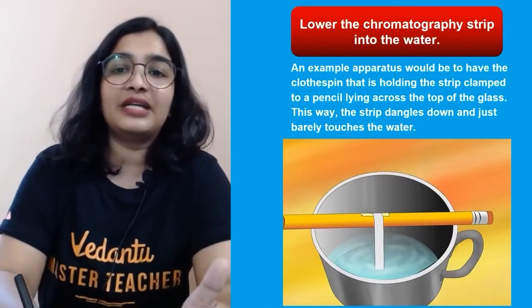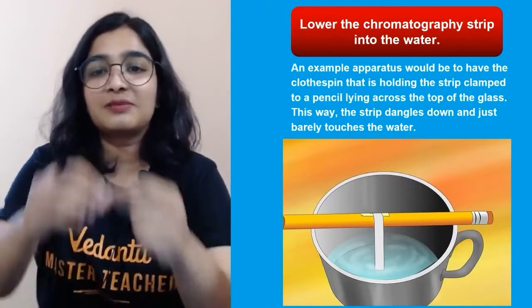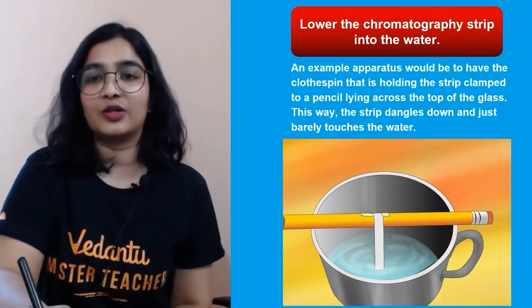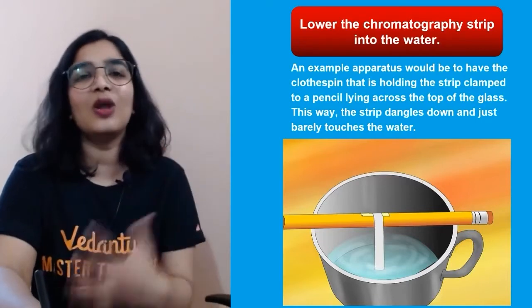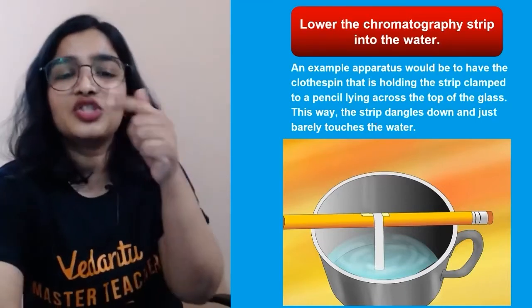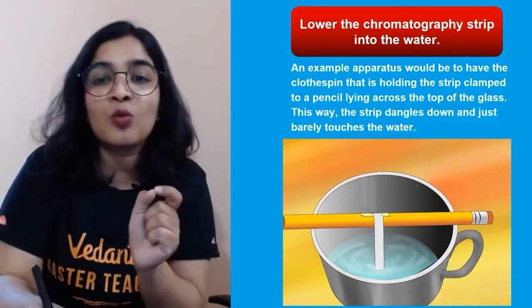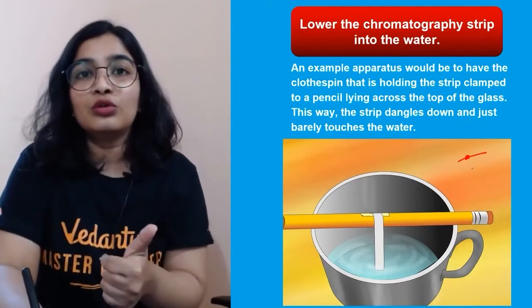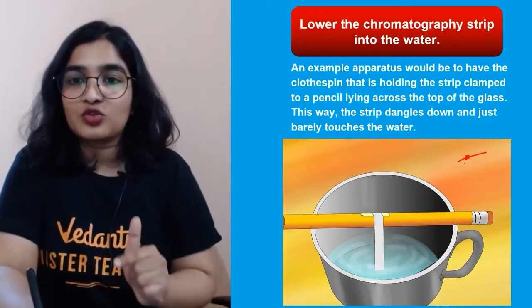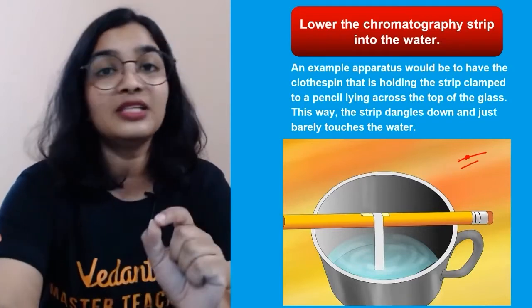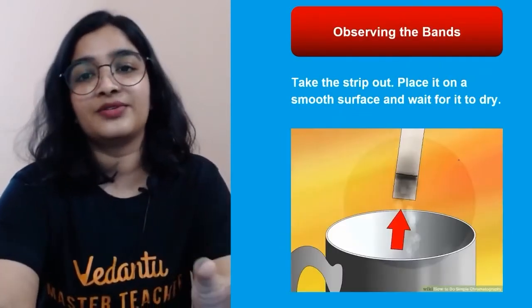An example apparatus would be to have a clothespin holding the strip, clamped to a paper lying across the cup. This is something we all have at home, right? This way the strip dangles down and just barely touches the water. I don't want the origin to touch the water. It should be just above the water level, otherwise you won't get the proper result.